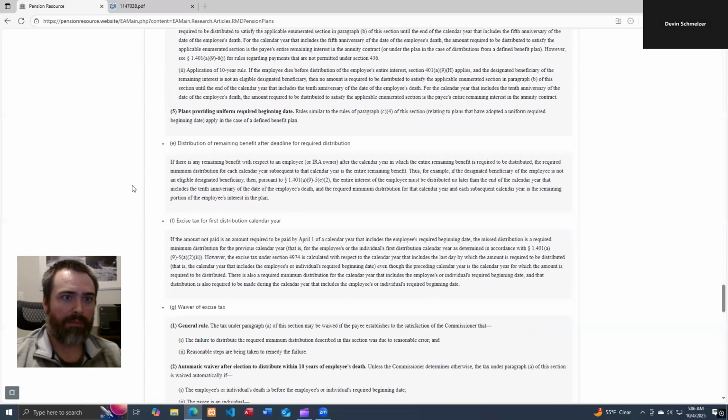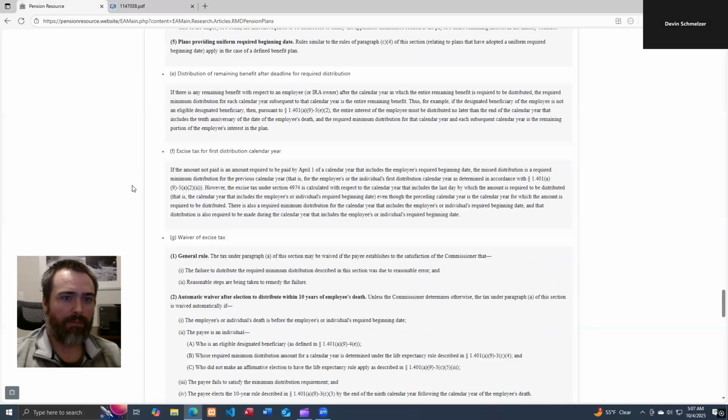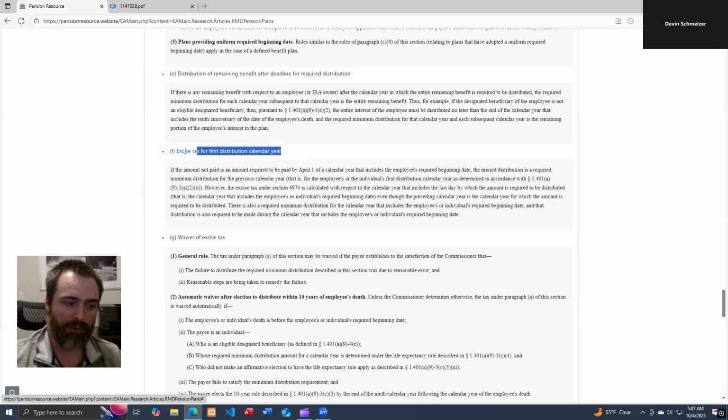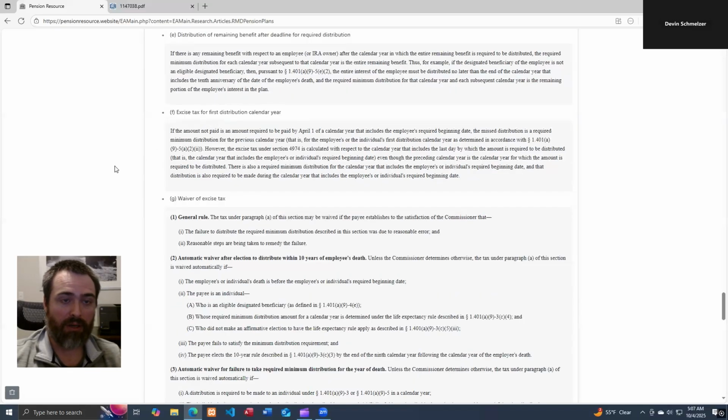So for payments, if there was no election to be paid for their first year, let's zero in on this first year issue, because above is talking about besides the first year for your required distribution payments, then this is how you proceed with it.